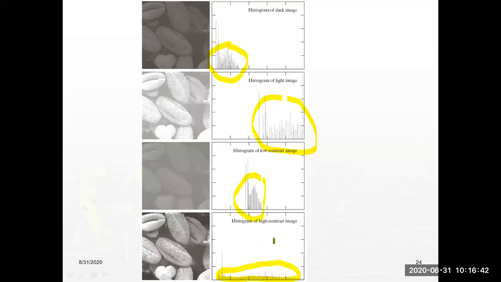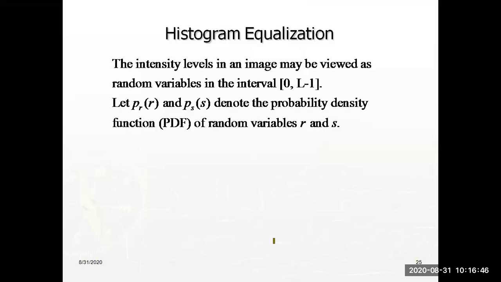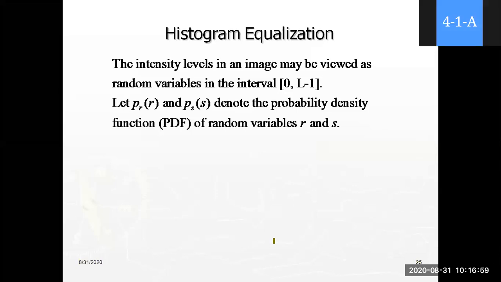These are the differences. Next, histogram equalization. Now we have to find the probability density functions, called equalizing. To enhance the image, we need an equalization process, called histogram equalization. The intensity levels in an image may be viewed as random variables. What is the reason?